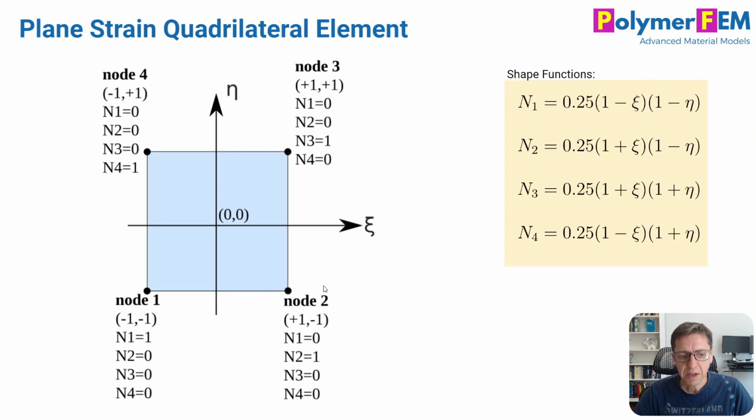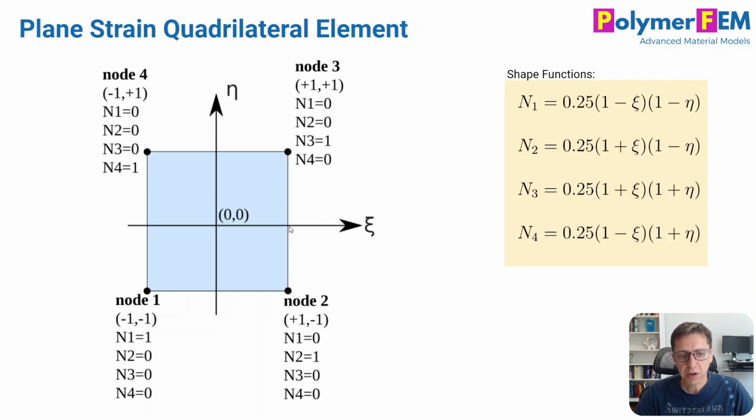Function n1 should, by design, have a value of 1 at the location of node 1, and then it should be 0 for the other 3 nodes. Similarly, n2 should be equal to 1 at node 2 and 0 at the other nodes. n3 should be 1 for node 3, and the function n4 should be 1 at node 4.